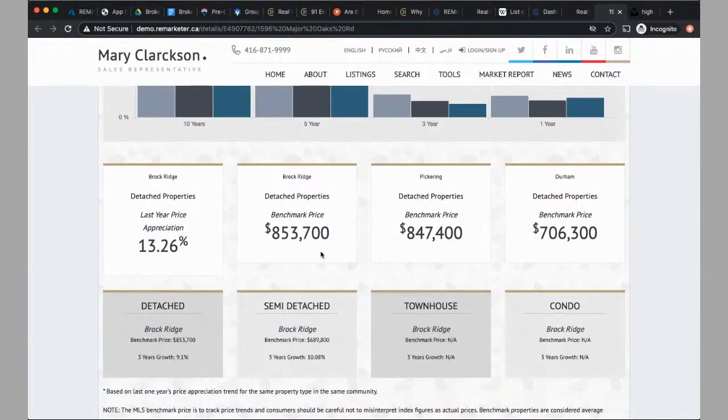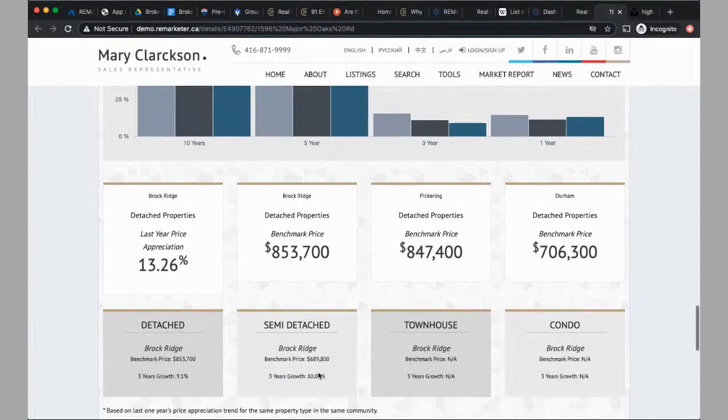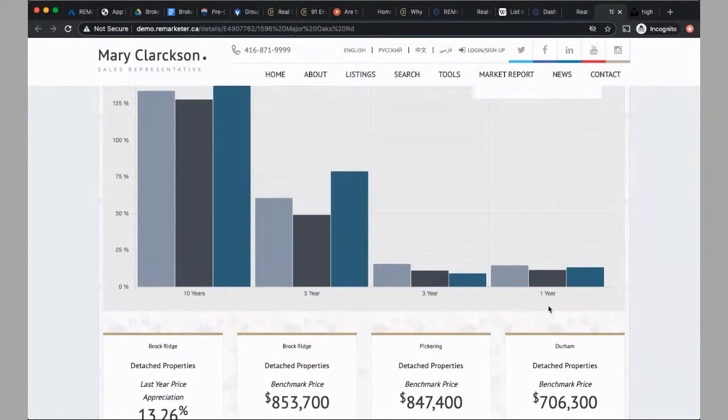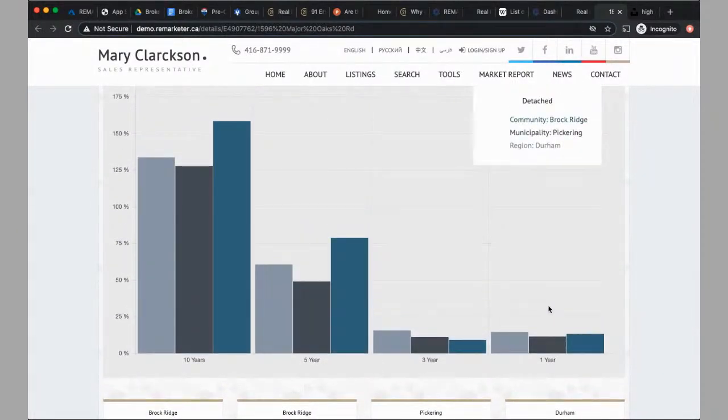Okay, so we again have the benchmark prices available over here. We have the different property types with their benchmark prices. The growth trends as well are also basically graphed for you right here.